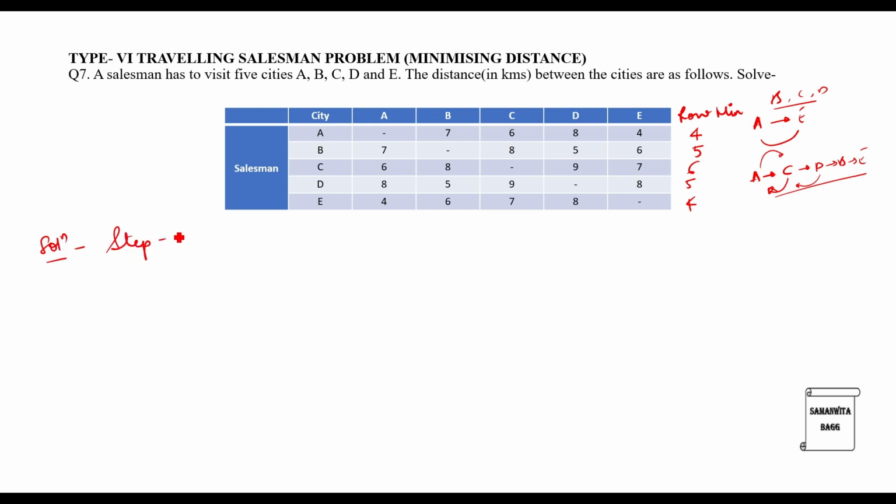Step 1 is row minimization. We have the salesman and we have the city.